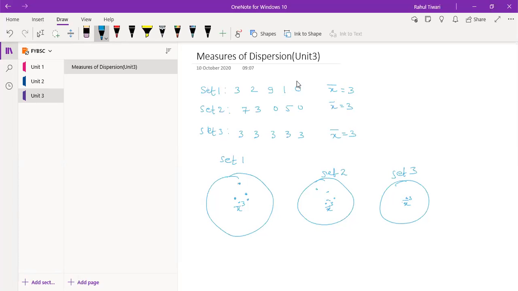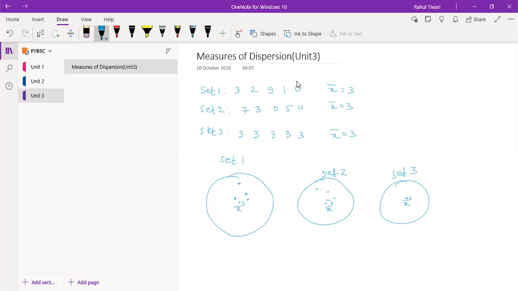Okay, so more variability in the data means there will be more dispersion. So if there is more dispersion, when you calculate the variance and it is more, then I can say there is more variability in the data. More variability means it is less consistent.